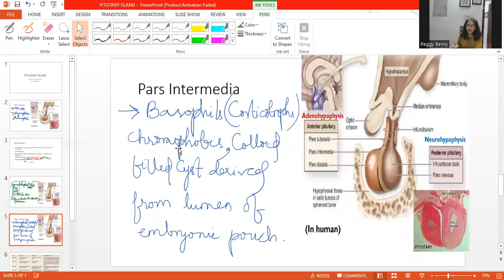Let's move on to the third part of the adenohypophysis, that is pars intermedia. The kinds of cells present in pars intermedia are basically basophils, that have affinity towards the basic dye. Among basophils, corticotrophs are present. Chromophobes are the other kind of cells.